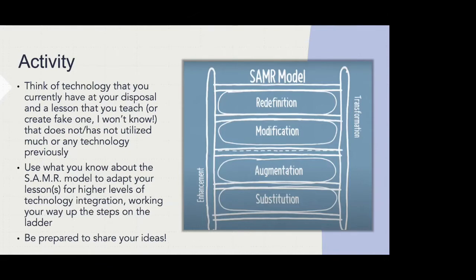I'll give us a minute or two to think about this. If you're not comfortable sharing, that's fine. But I'm curious if, as we've been talking, the wheels have been turning in your head about different types of technology that you could incorporate into something that you've already done, maybe without it. Any thoughts? You can think about it for a minute and give me your ideas here in just a sec.